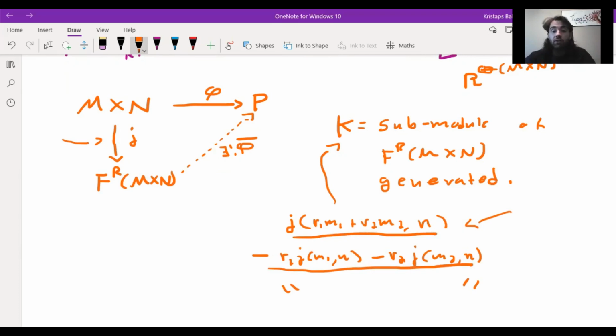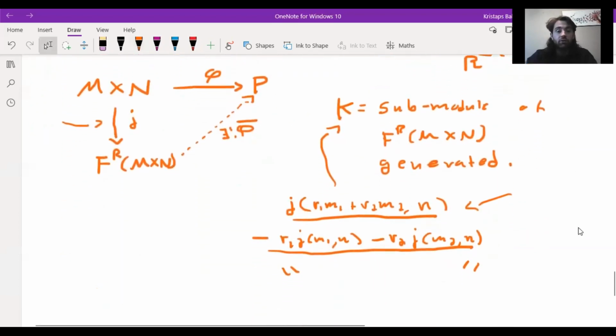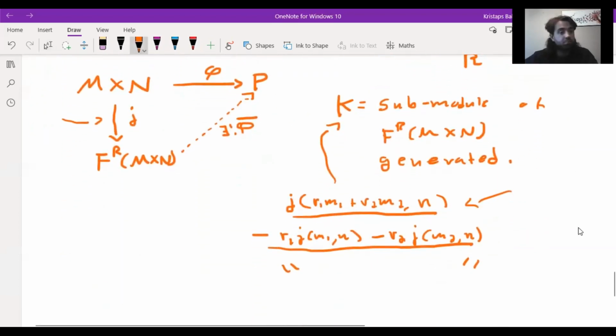So now the only thing I want to check here is we're going to rely on the universal property of quotients. So we just need to make sure that our map phi is actually going to be 0 on L here. Well, in order to do this, we're going to use basically the things we already have.